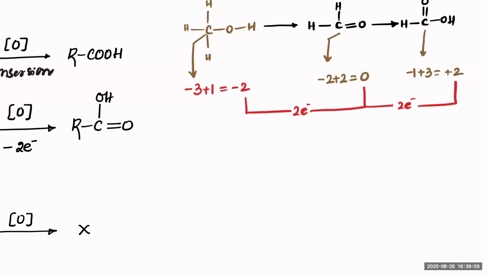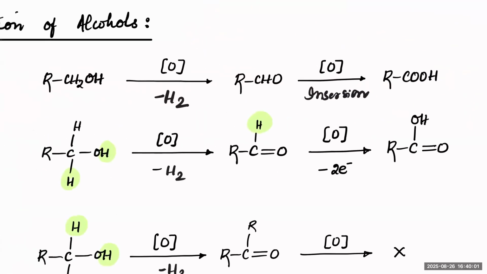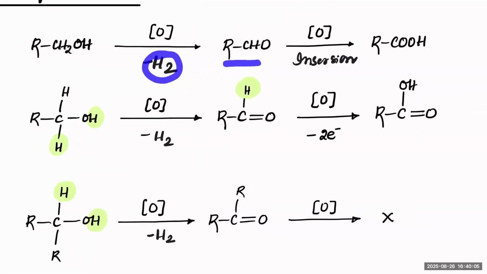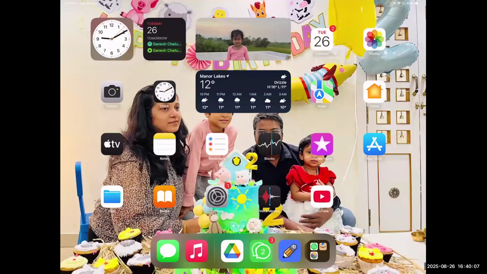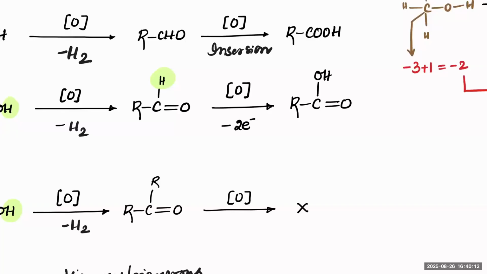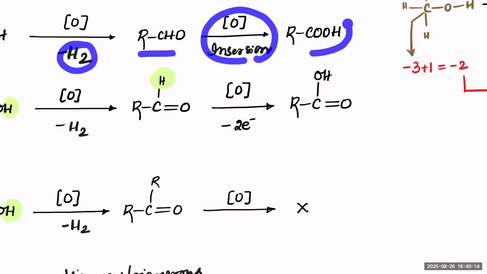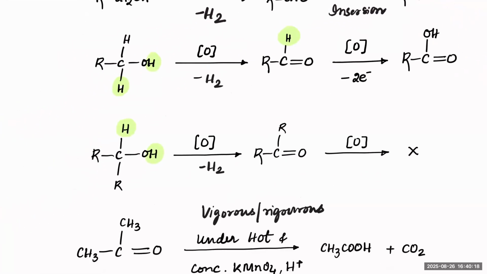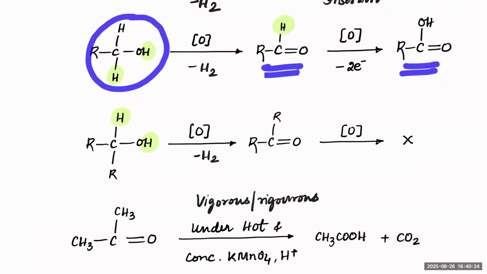So 2 nascent hydrogens means 2 electrons. Okay? So you can see 2 nascent hydrogens are going out, converting into an aldehyde. And then if it wants to get further oxidized, you will notice that this will convert into an acid form. Same logic here: two hydrogens, you will get aldehyde, then you will get acid.